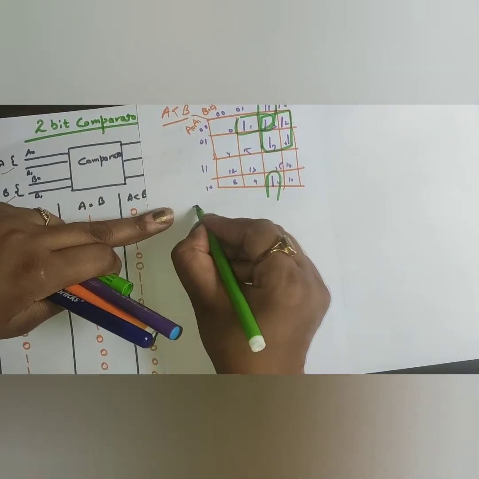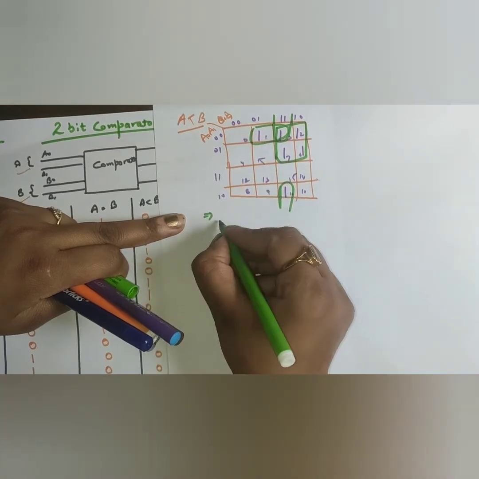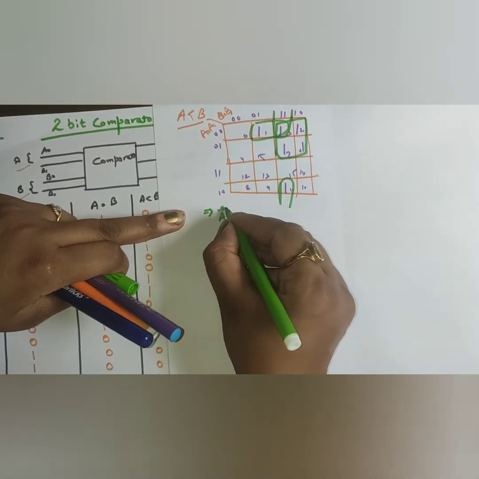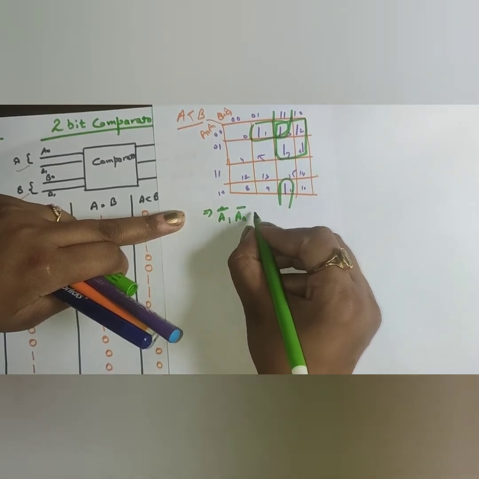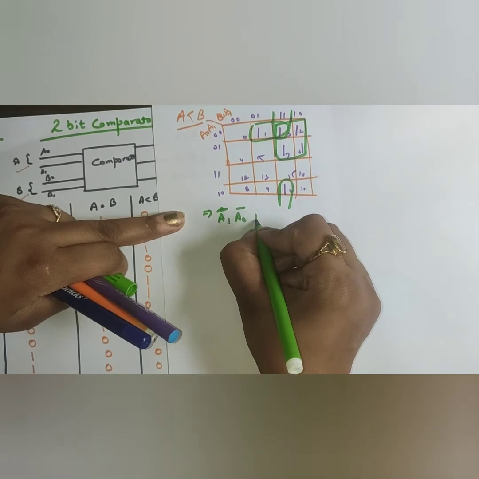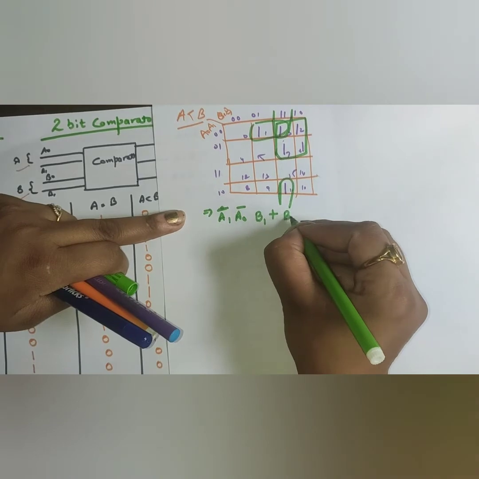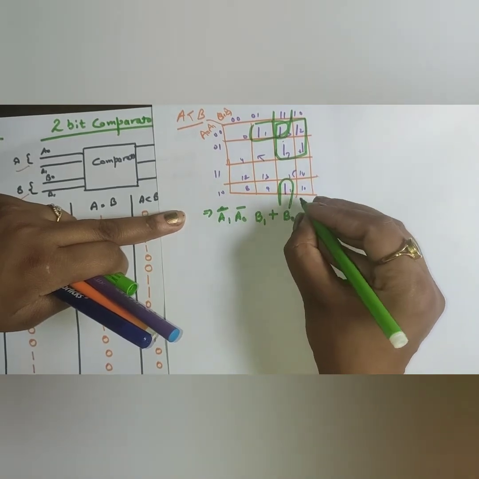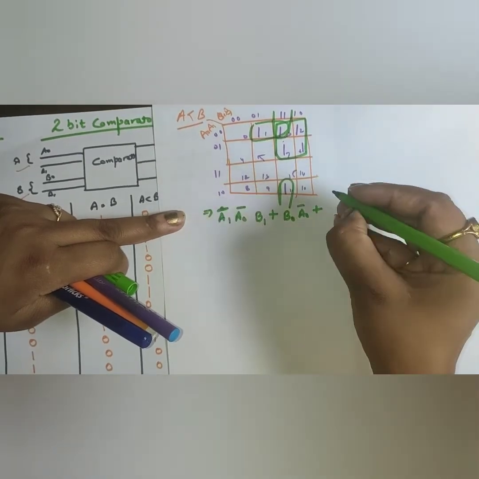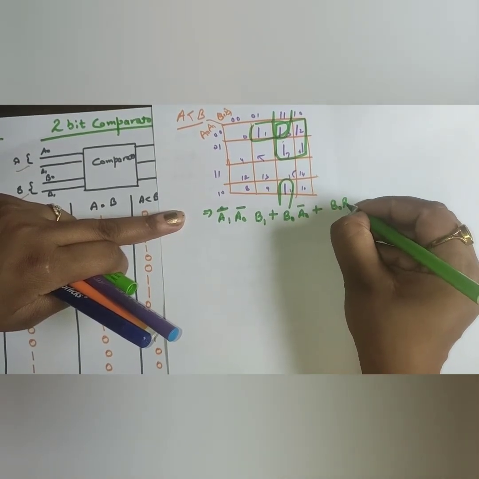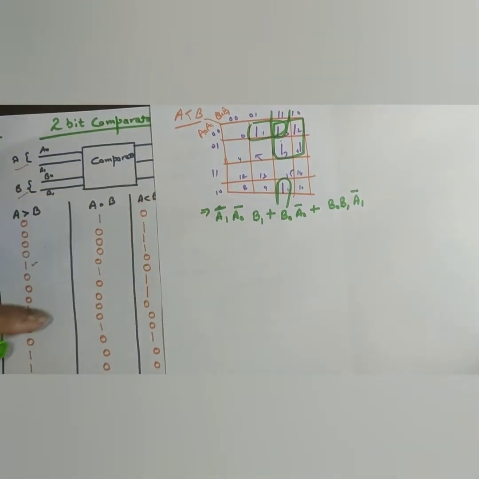Okay, now the equation is like this: from here to here you can check A1 not, A not bar, A1 bar, or here to here, that is B1, plus here to here only B not, here to here A not bar, plus here to here that will be B not and B1, and here to here only A1 bar. This is our 3 equations.